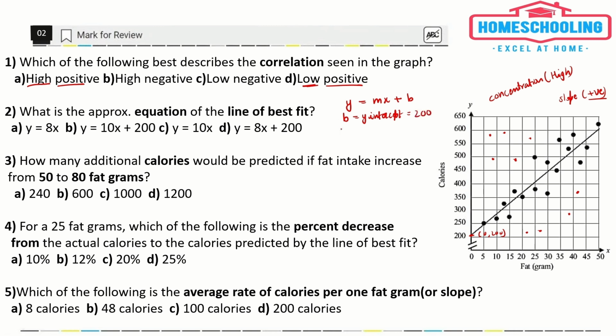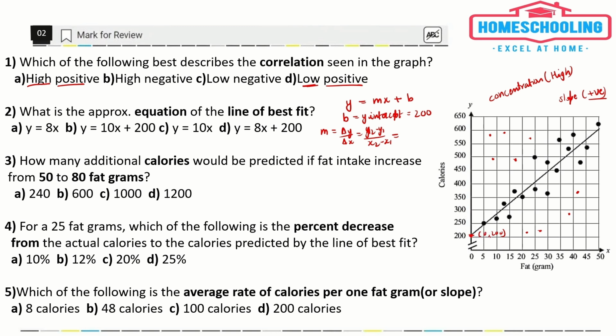Now we have to find the slope. So slope m is equal to delta y by delta x, that is y2 minus y1 divided by x2 minus x1. So let's take 2 coordinates here. First I'm taking a coordinate where x is 0 and y is 200.